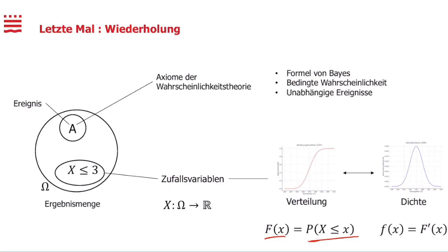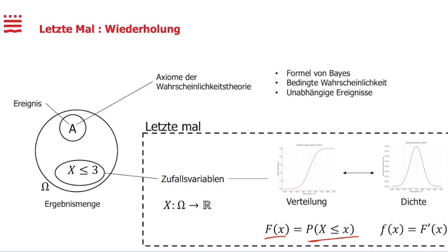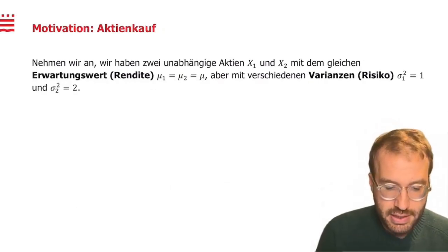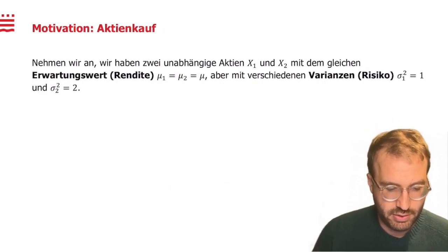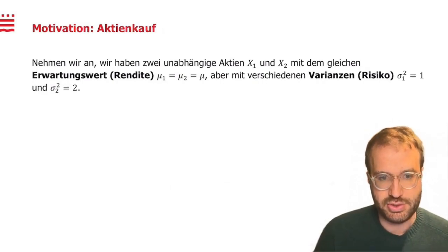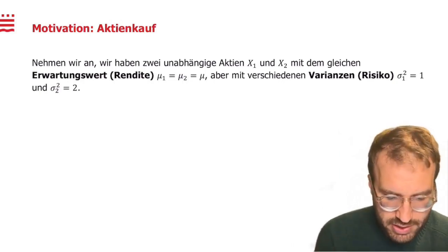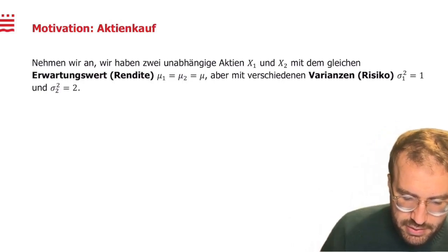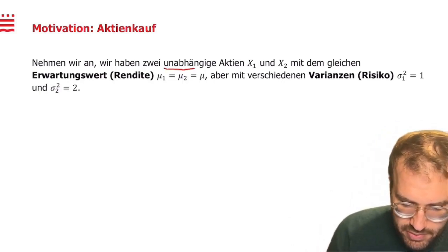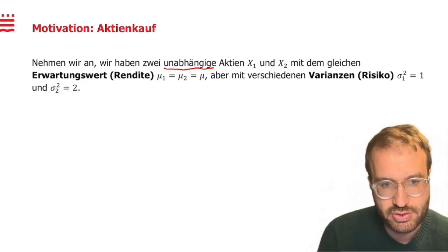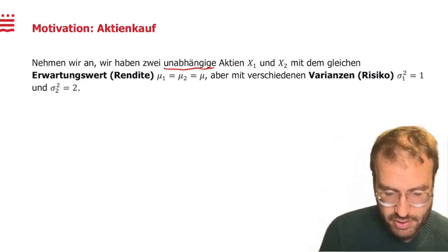And I've brought another example, namely the sale of stocks, and I will briefly introduce it. We will not solve it now, but it should serve as a little motivation for you to go through this week. So let's assume we have two independent stocks. Here the word independent already comes up. You might remember from last week, we also briefly talked about independent random variables.